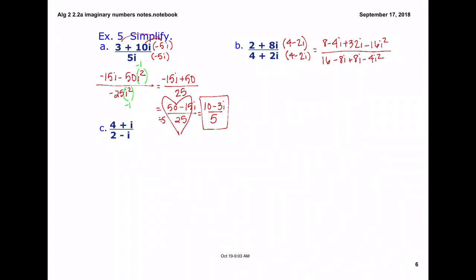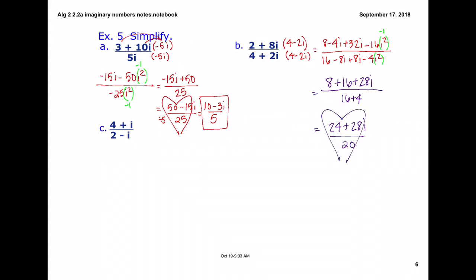When we replace our i squareds with our negative ones, we get 8 plus 16 plus 28i all over 16 plus 4. Simplify again, we get 24 plus 28i over 20.